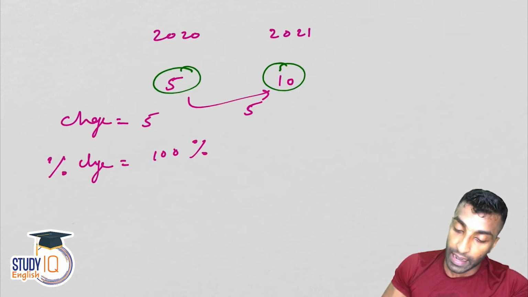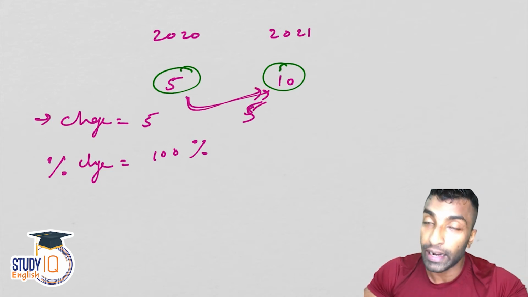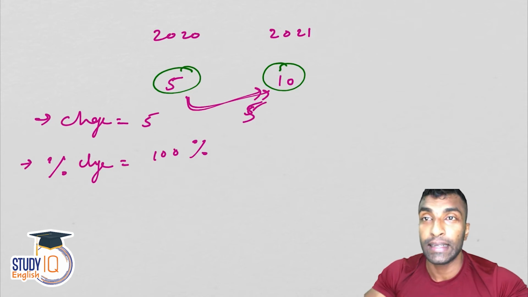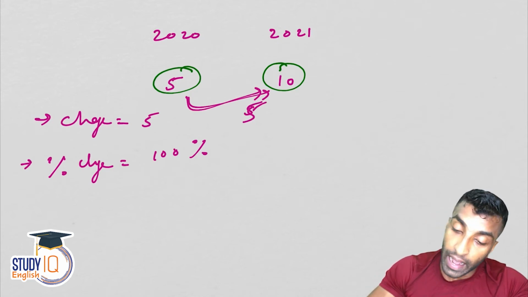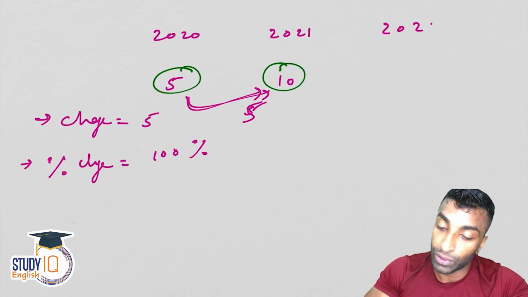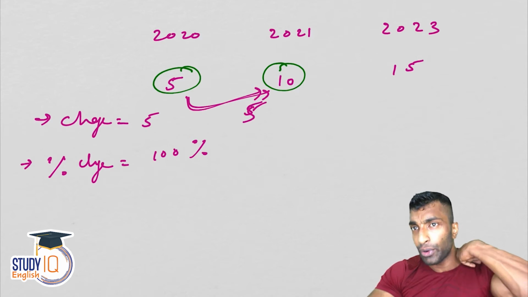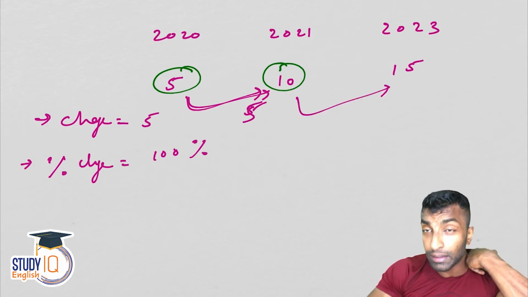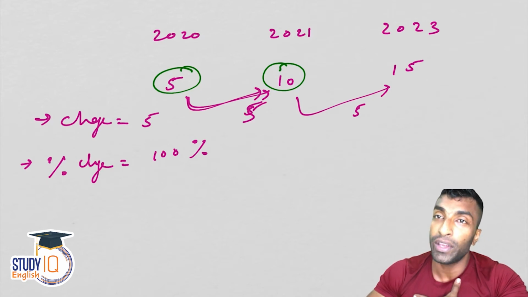Here, I told you the first case is the change, that is 5. The second case is percentage change, so that is 100. Now I can also give you, let's say 2023, and this is, let's say, 15. If it is 15, what is the change here? Absolute change, that is 5. Here also 5, here also 5.